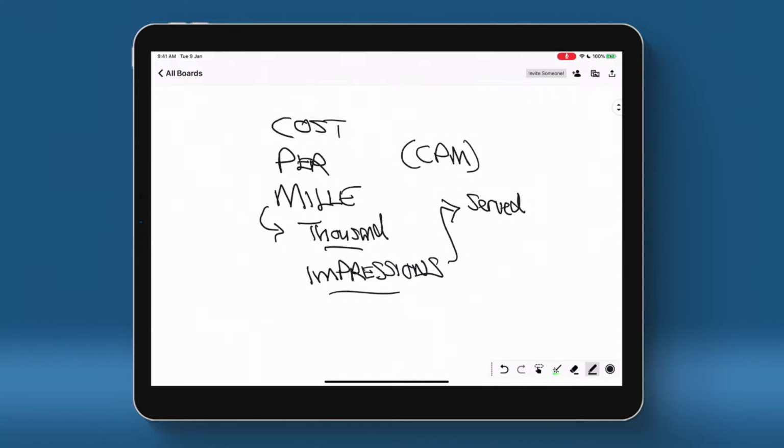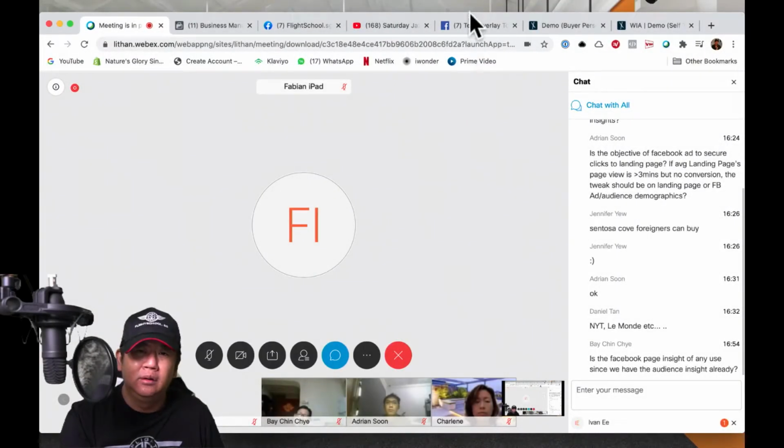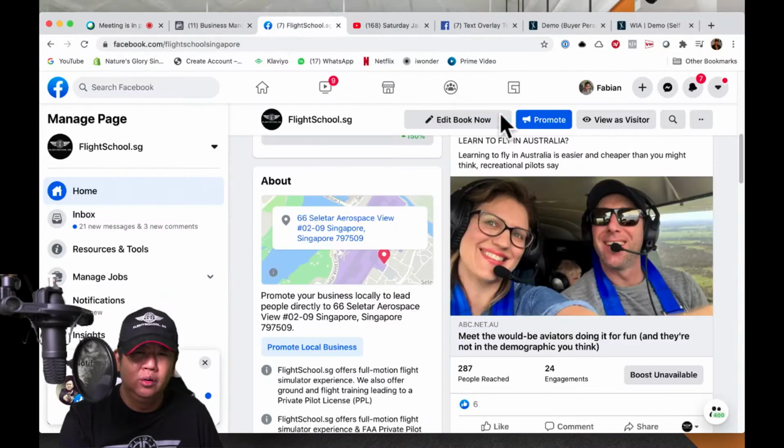The ad is served. Now, the ad does not have to be seen to be served. An ad does not have to be viewed, as long as the ad was served. And let's again have a very defined definition of serve. What do we mean by that? So we go back to our good friend on Facebook.